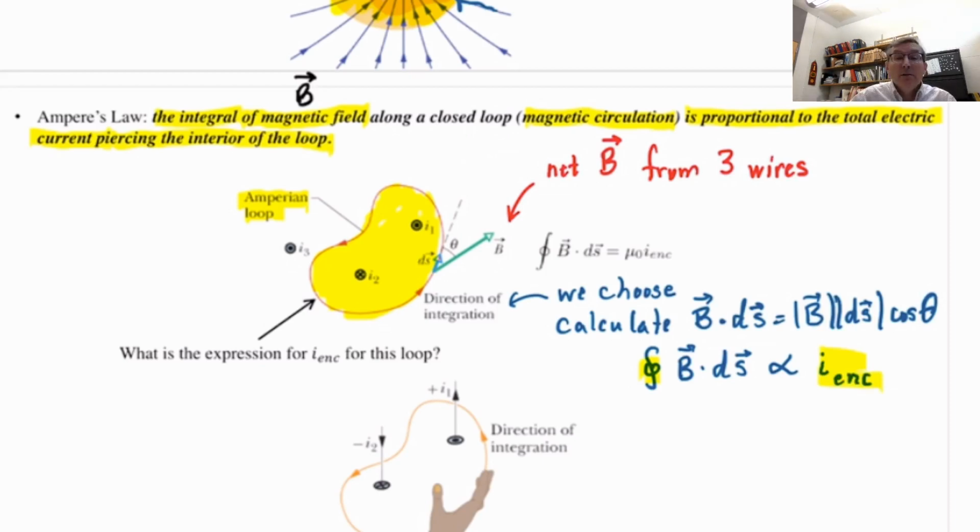You can see in our particular drawing that the current in wire 1 does pierce that interior surface, and the current in wire 2 does as well. But the current in wire 3 does not pierce the interior surface. And so I3 would not be included in this I enclosed. Does that make sense? You've got to be able to identify whether a current pierces the interior surface of the loop or not. But there's a little more to it than just that.